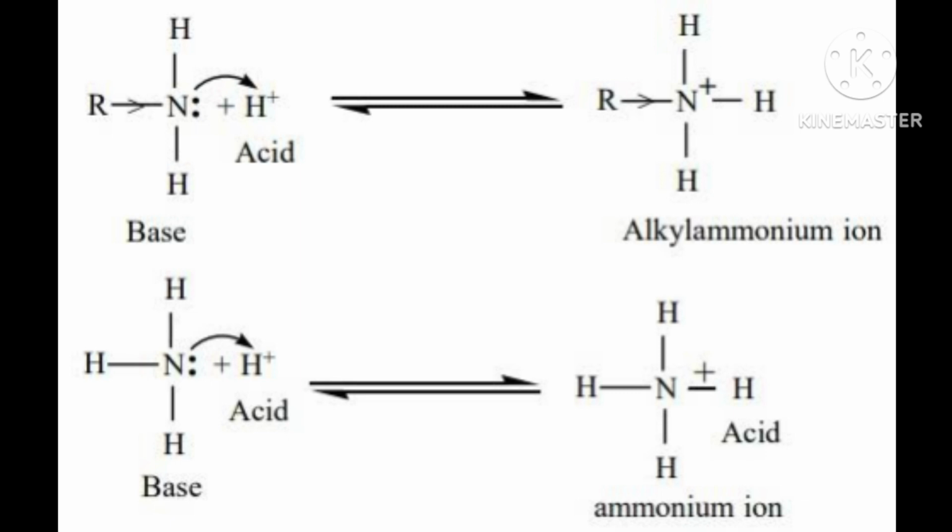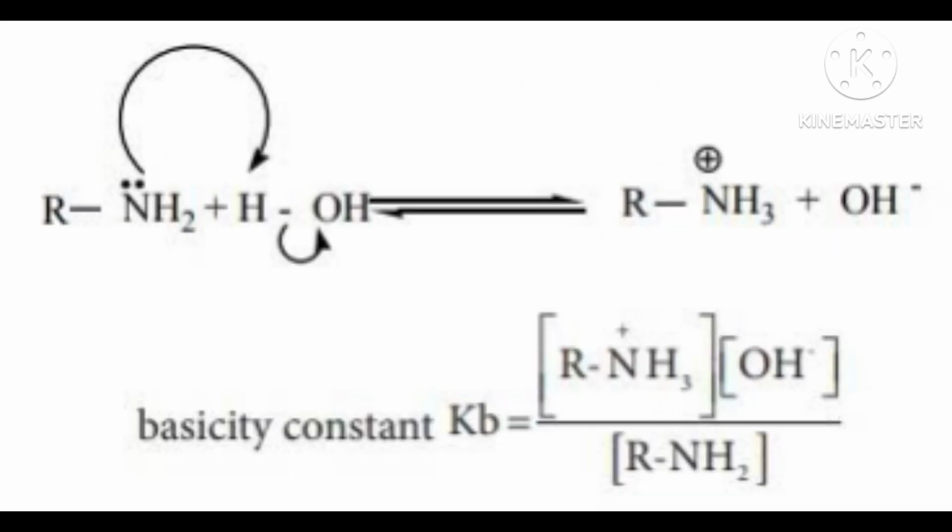Then if Kb value is more, then base is strong. Or in another way, if pKb value is less, then it is also telling strong. pKb should be less for a stronger base. Correct?